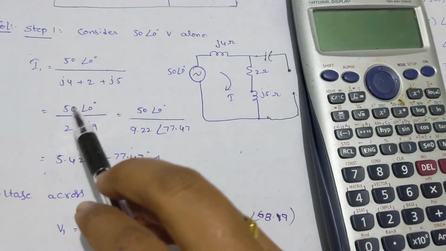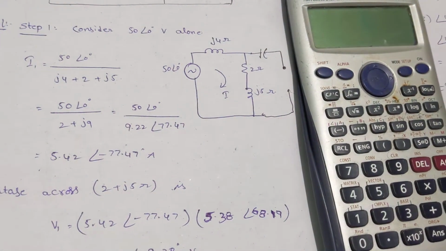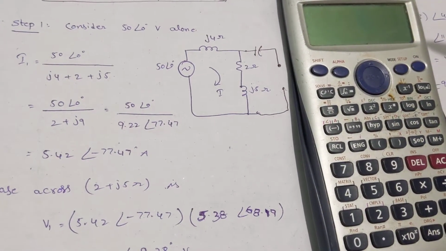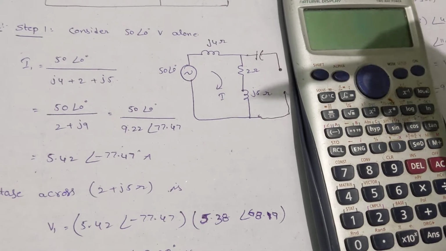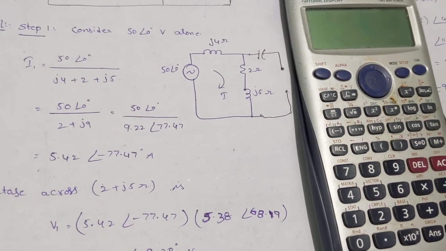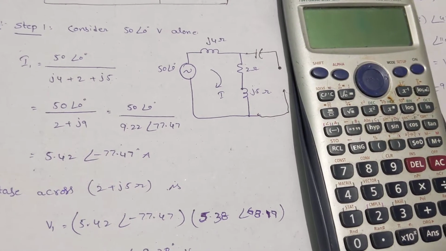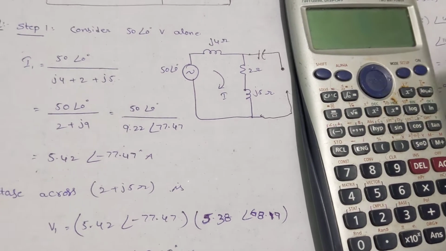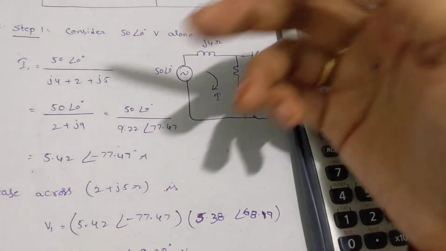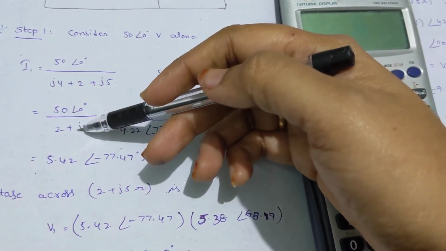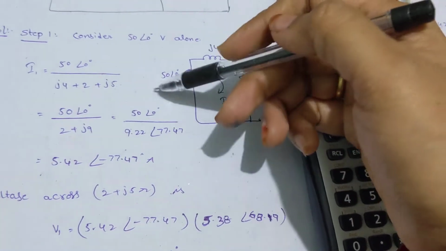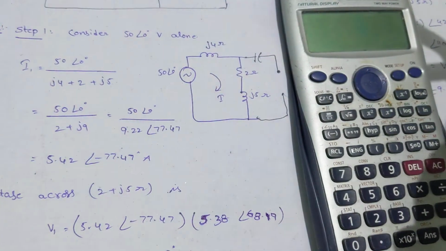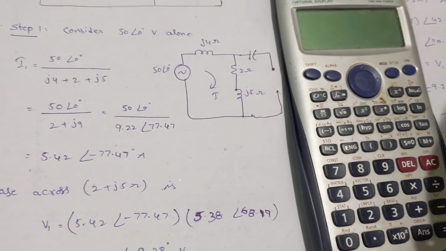Either you can directly calculate from here, that means in the numerator you have the polar and in the denominator you have the rectangular element, how to calculate. The second method is you convert this rectangular into polar, and from this polar we calculate the answer. Both the methods we will see.